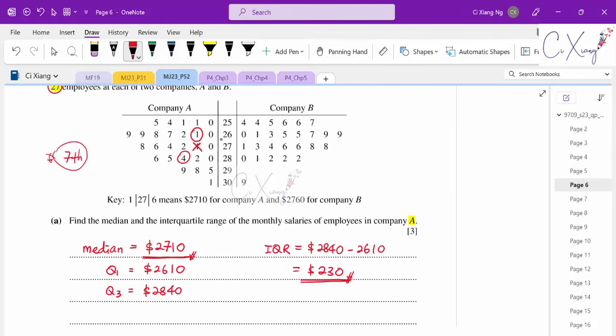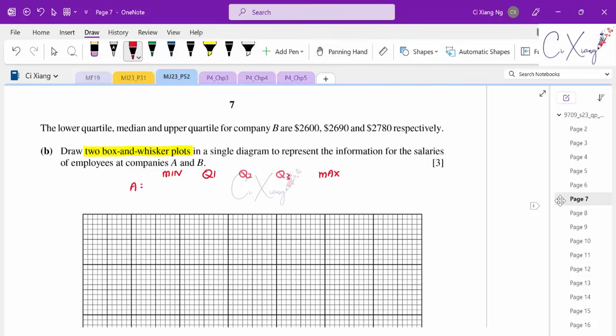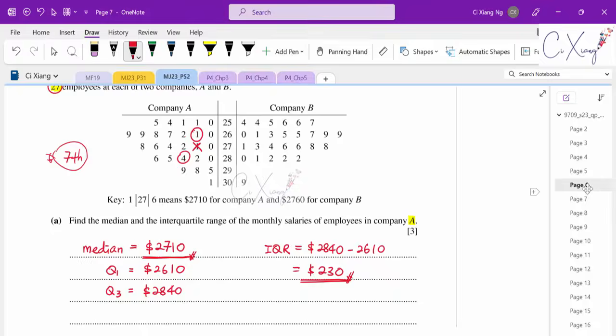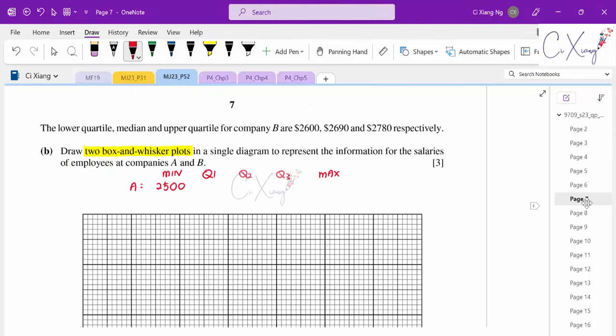So for company A, what is the lowest salary? The lowest salary is 2,500. Then Q1, Q2, and Q3 we already got just now. Q1 is 2610, Q2 is the median, 2710, and Q3 is 2840.